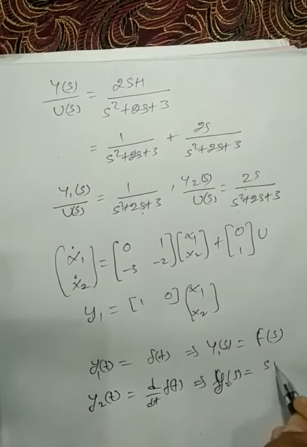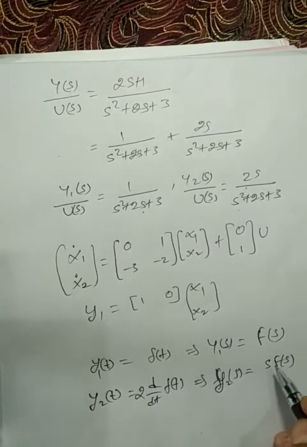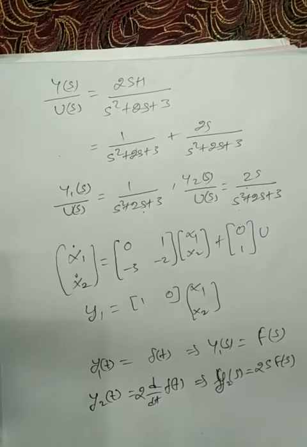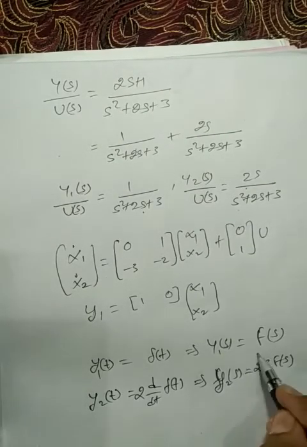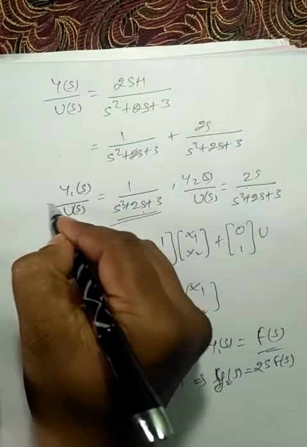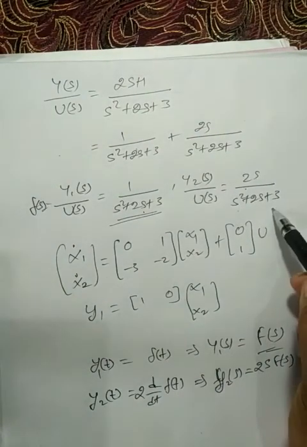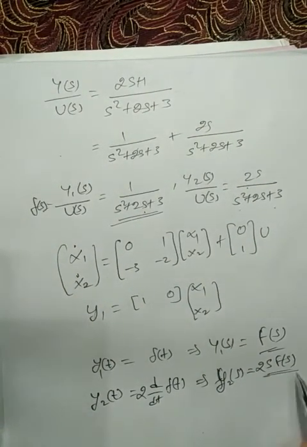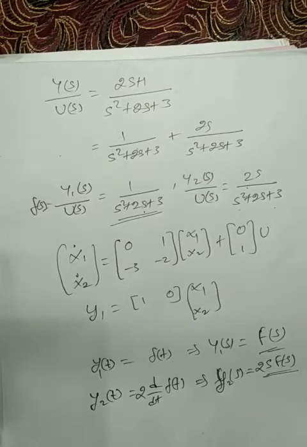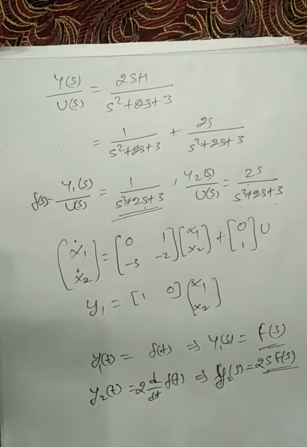This will be sF(s). And if it is 2 times d/dt f(t), then it will be 2sF(s). And if F(s) is this, then this one will be 2sF(s). Okay.